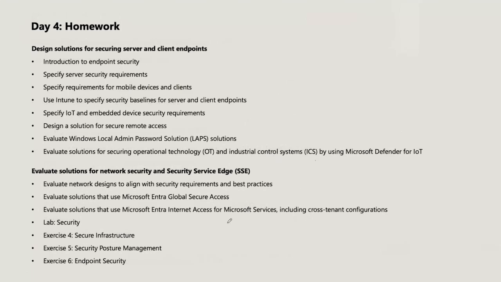These were all under homework, including some lab activities related to secure infrastructure, security posture management, and endpoint security. So definitely, you would have completed these homework activities and hands-on labs.